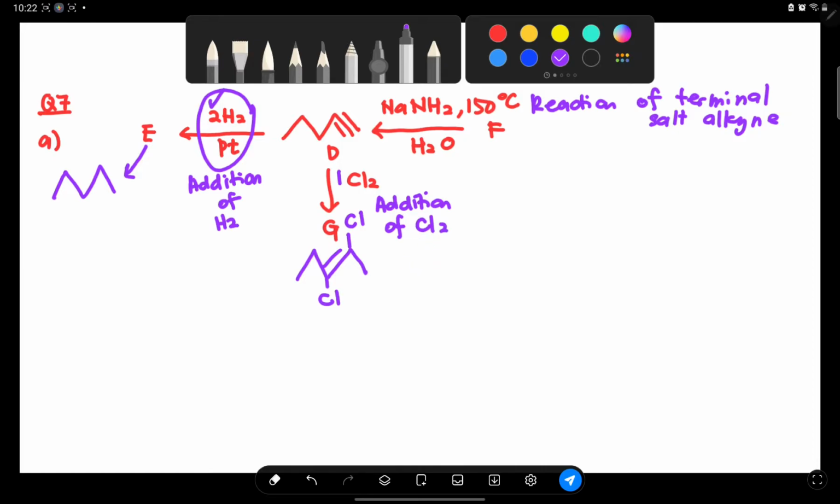So here it will produce the salt. Here should be carbon, right? Here is negative, here is Na plus, like this.